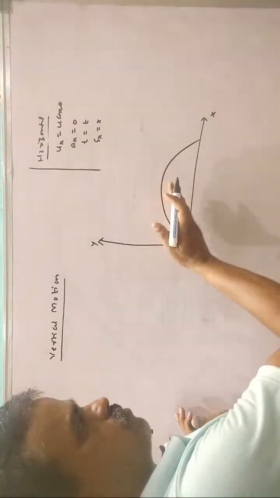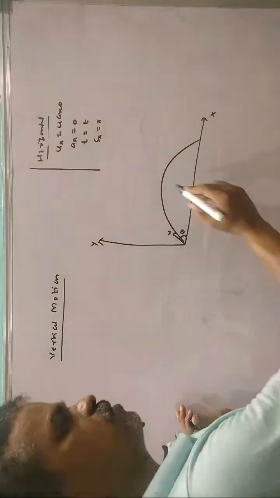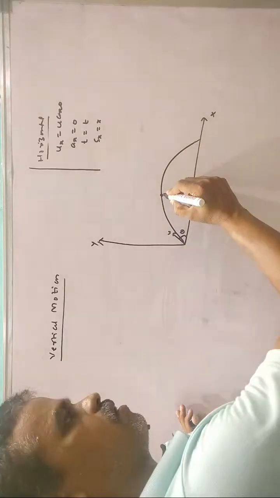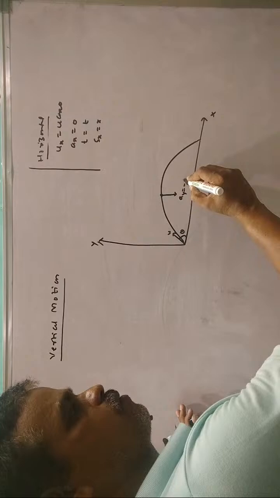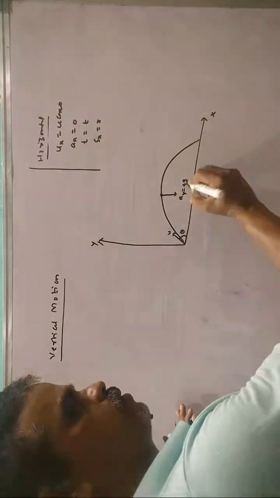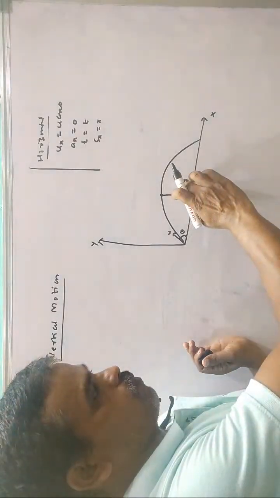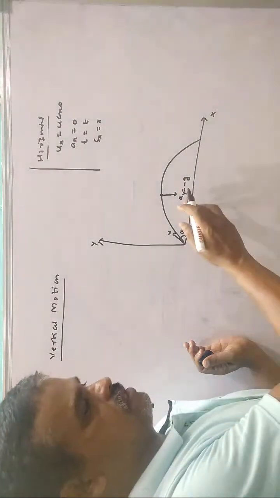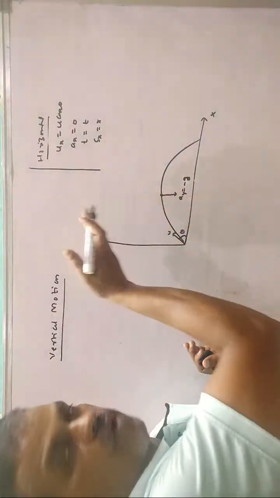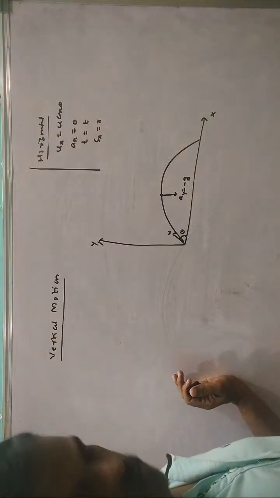Always along the y-axis is vertical motion, along the x-axis is horizontal motion. The acceleration of the body is always downward, minus g. Acceleration along the y-axis, ay equal to minus g.